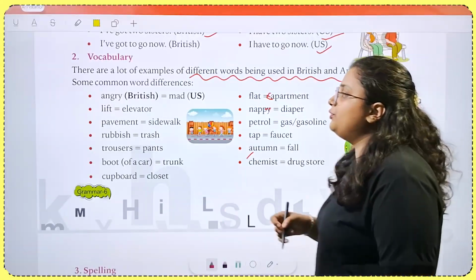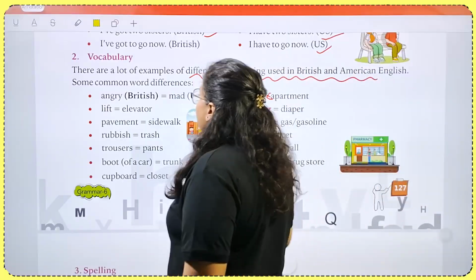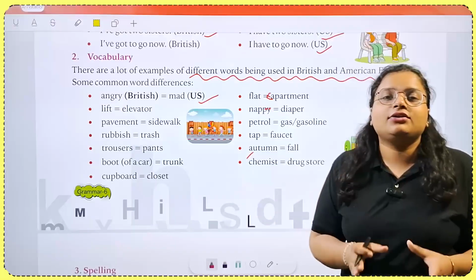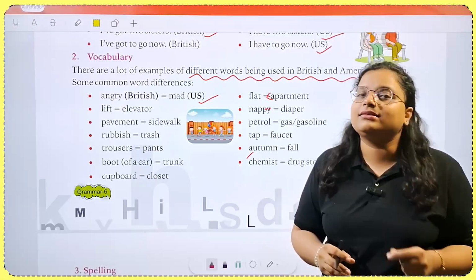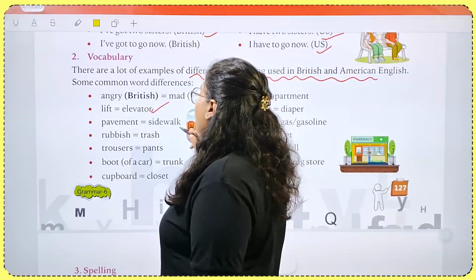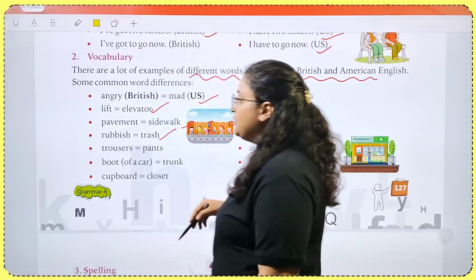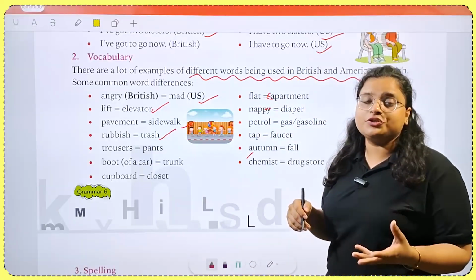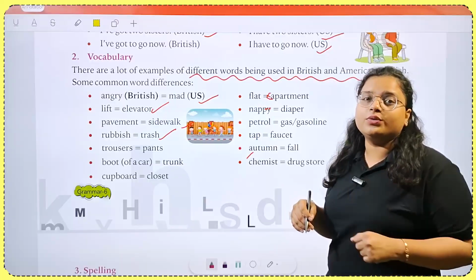Angry in British English and mad in US English. And mad in British English actually refers to a person who is mentally unwell. So it can differ. Lift is elevator, pavement is sidewalk, rubbish is trash. When someone says you're talking rubbish, it means you're not talking well.